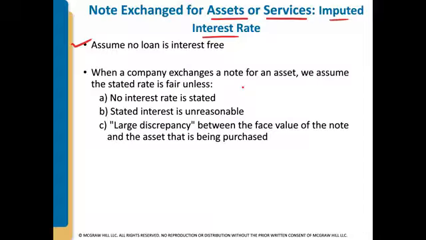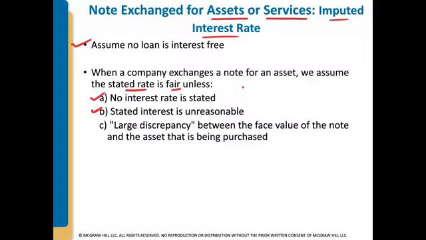Some of it is for the machine and some of it is for interest, and we assume that the stated interest implied in that $1,000 is the fair interest, unless the promissory note has no interest stated, so we don't know what it is, or if that stated interest is unreasonable, because it's not really what is going on in the market. It's not similar to what you could get a loan for in the open market.